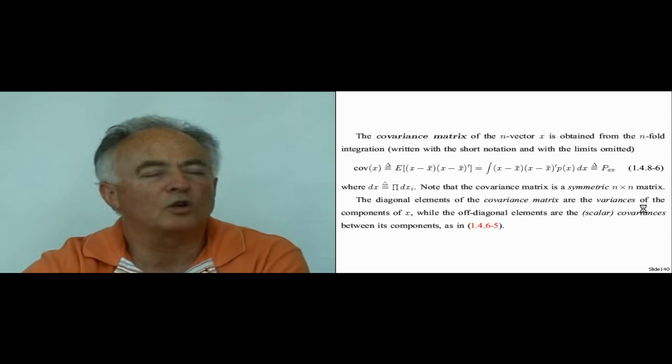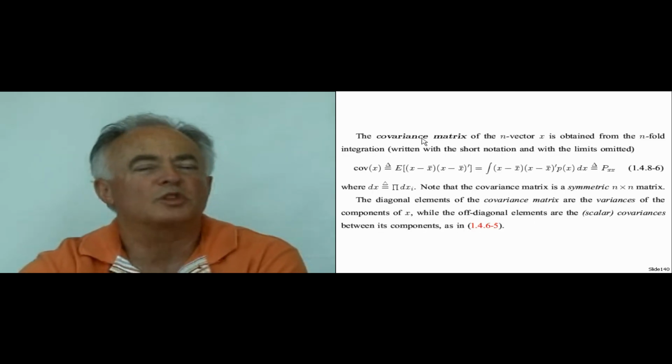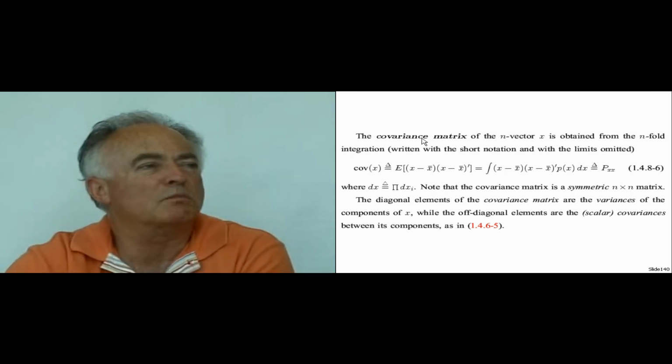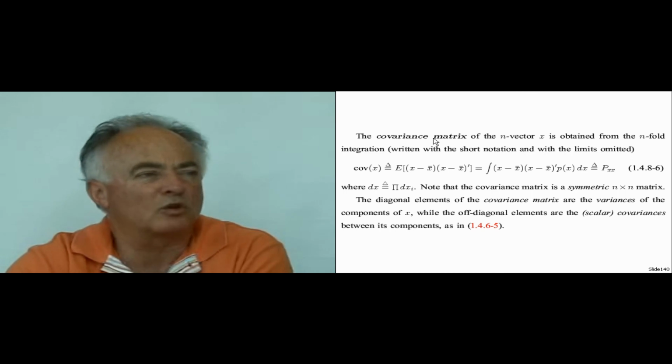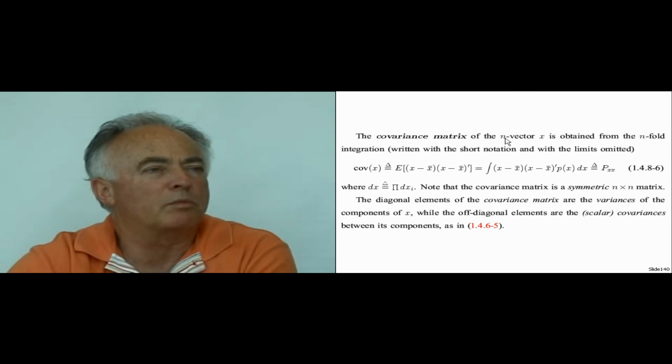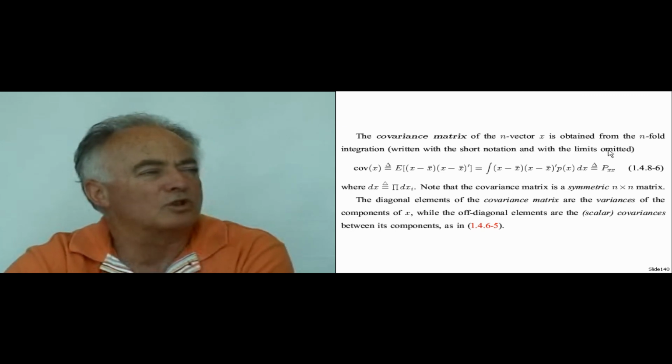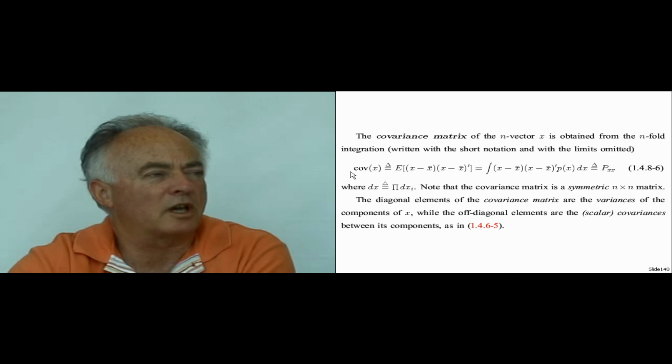Earlier we defined the covariance between two scalar random variables, and now we'll define the covariance matrix of an n-vector x, which we obtain from an n-fold integration. Again, we stick to the short notation and omit the limits of the integrals. So the covariance of the vector x will be the expected value of x minus x bar, which is a column vector, times x minus x bar transpose, which is a row vector.